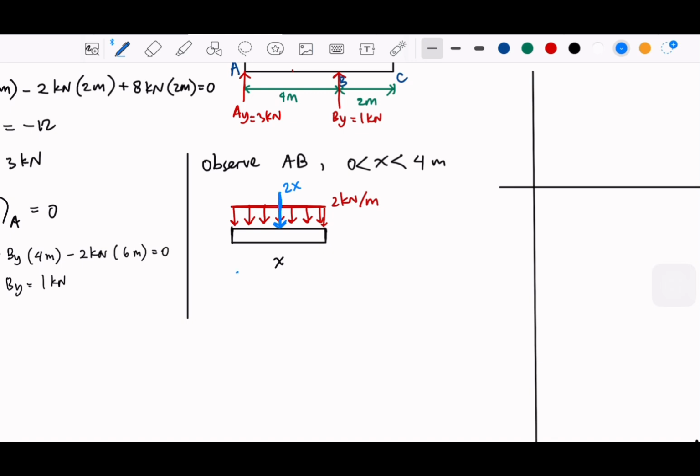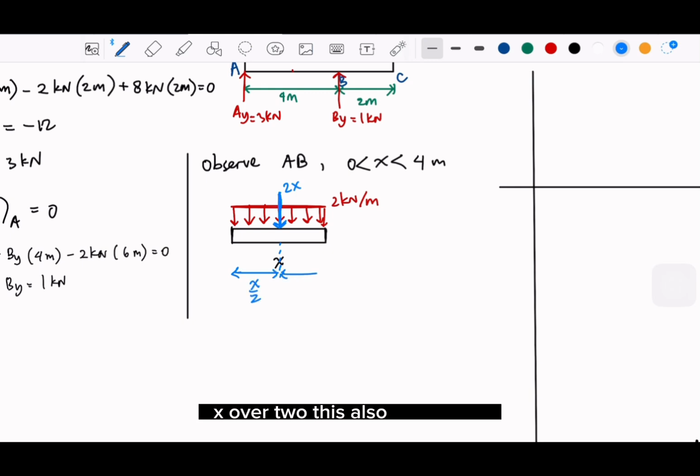And this will be x over 2. This also x over 2. And then, because we slice this in between, we could also see the internal force, which is the shear, which is V. Let's say V1.